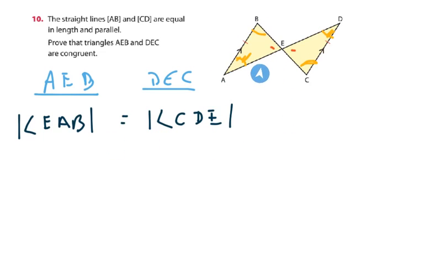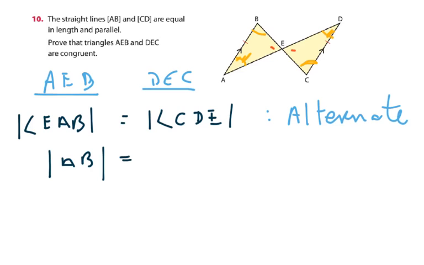EAB is equal to EDC or CDE. And the reason is because they are alternate angles. And then the second side, we know the length AB is equal to the length CD. Okay, that's given. That's the reason for that.